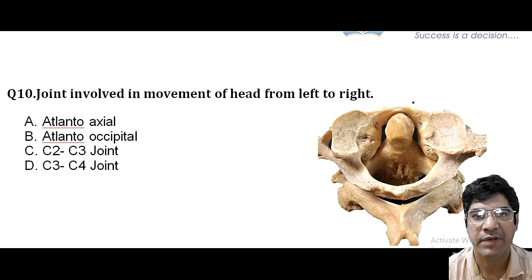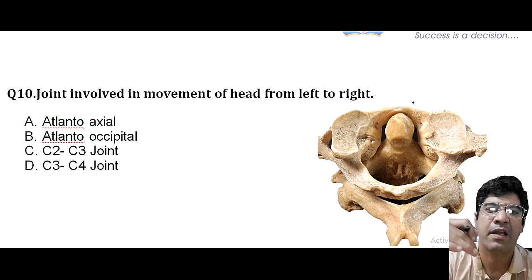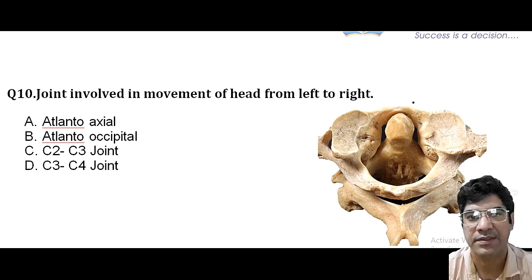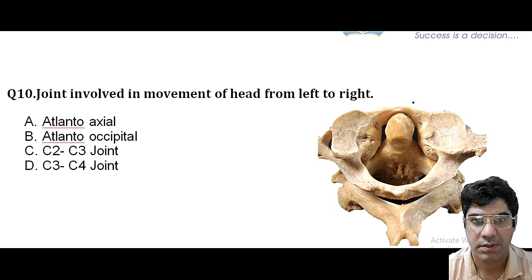That is located between the base of skull, that is the occipital bone, and the first cervical vertebra, the atlas or C1. So that allows the head to move forward and backward, creating the nodding motion.